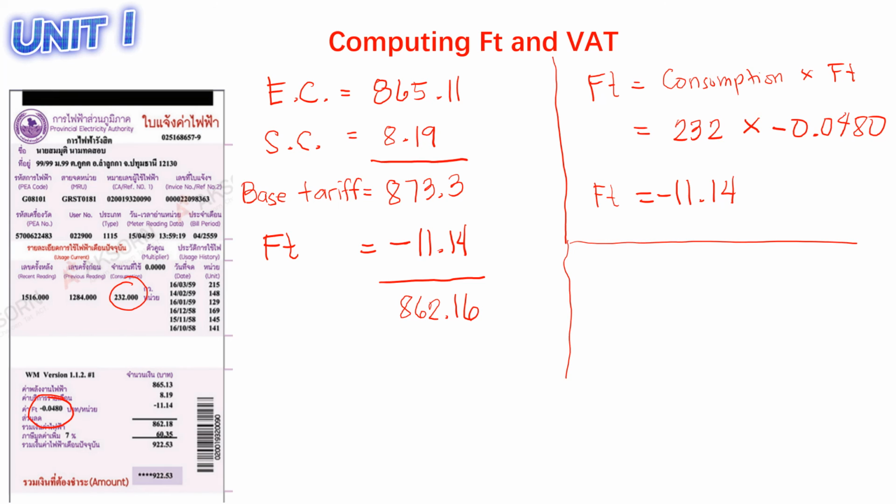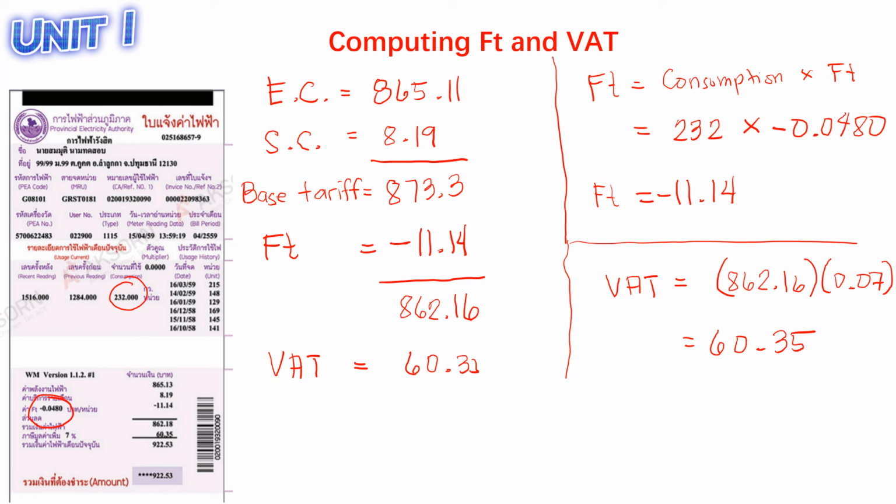Next we are going to get your VAT. For the VAT here, you have to add first the base tariff and FT, then multiply it with 7%. So that will be 862.16 times 0.07, which is 60.3512, but let's stop it there at the hundredths place, 60.35.